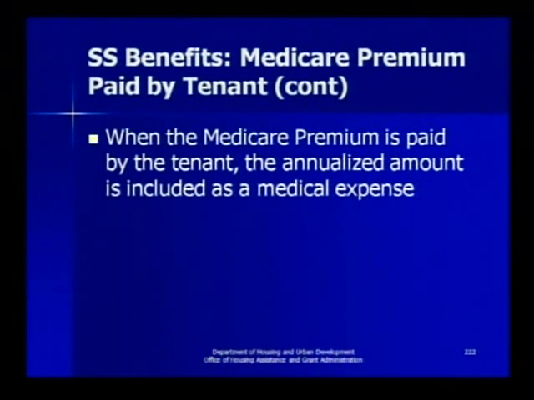When the Medicare premium is paid by the tenant, you annualize that monthly amount to get your annual medical expense amount. So in the instance where you have a $96.40 monthly payment for the Medicare premium, you would multiply that by 12 to get your annual medical expense to be put onto the 50059 to go through TRACS.